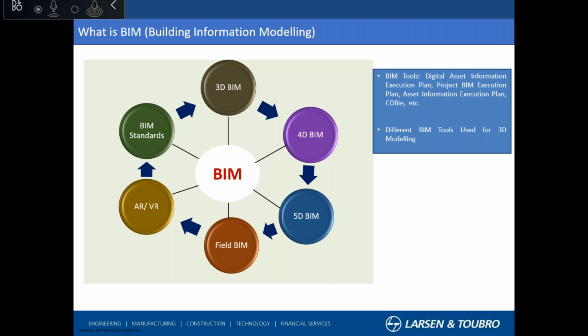In BIM standards, we prepare BIM execution plans at engineering level and construction level, and asset information execution plans. This type of documentation is done in this portion. For 3D, 4D and field BIM, we use different types of tools for implementation.